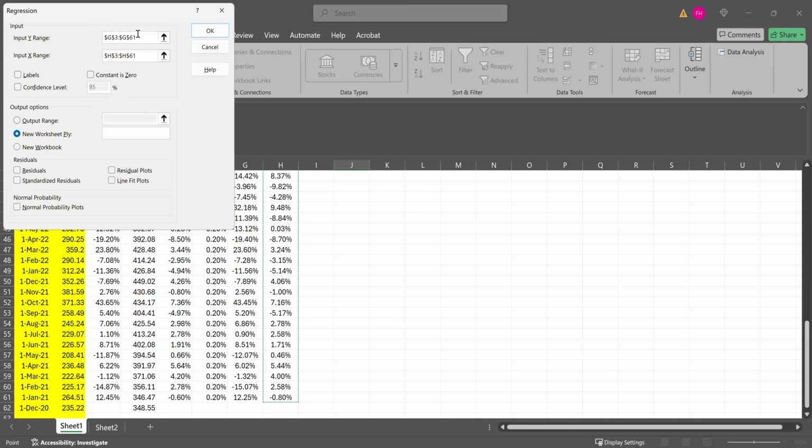If I had included the cells with the labels, I would need to click on Labels, so the regression analysis wouldn't include the first row. Here I didn't choose RI minus RF and RM minus RF, so I don't need to click on Labels. I'm also going to choose the line fit plots. I'm going to click on OK.